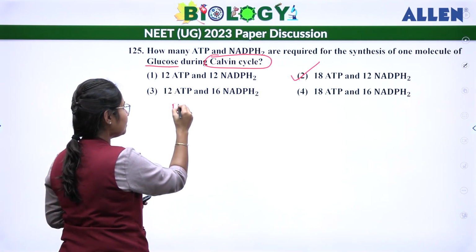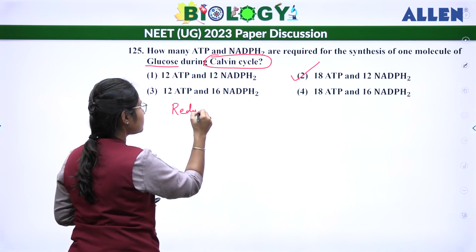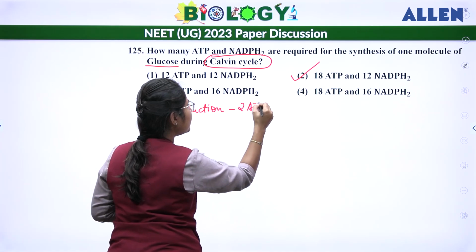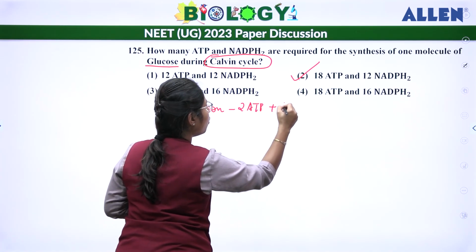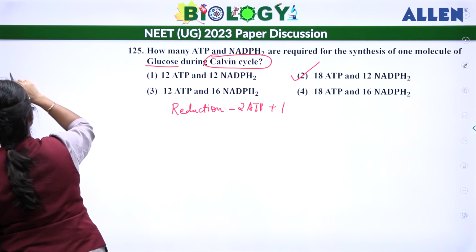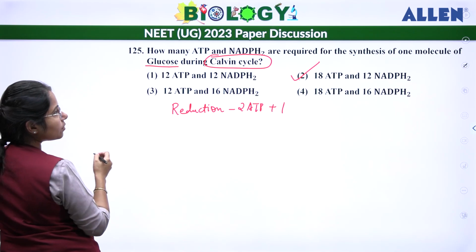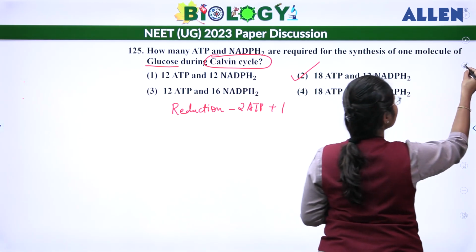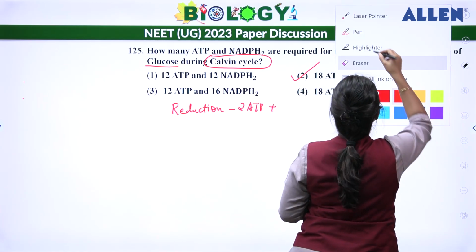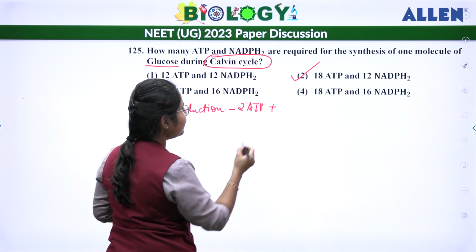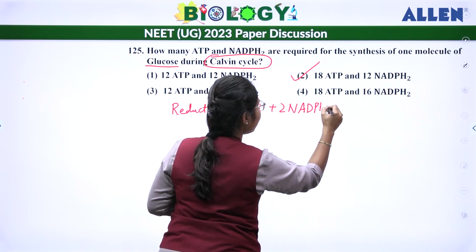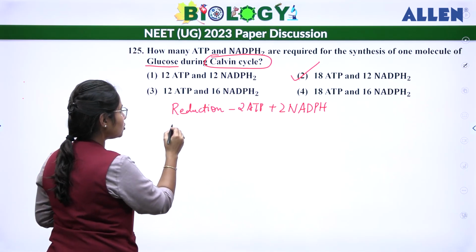During the reduction step, 2 ATP and 2 NADPH are used.